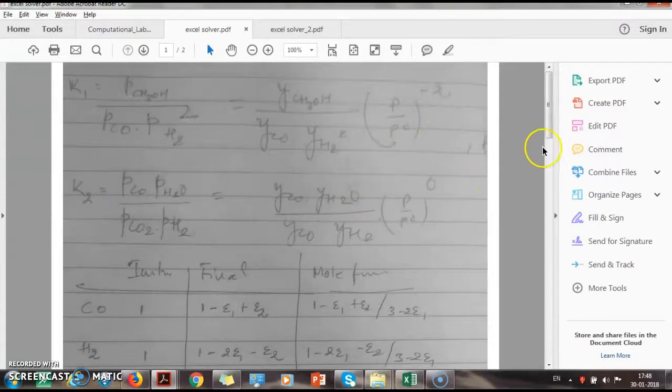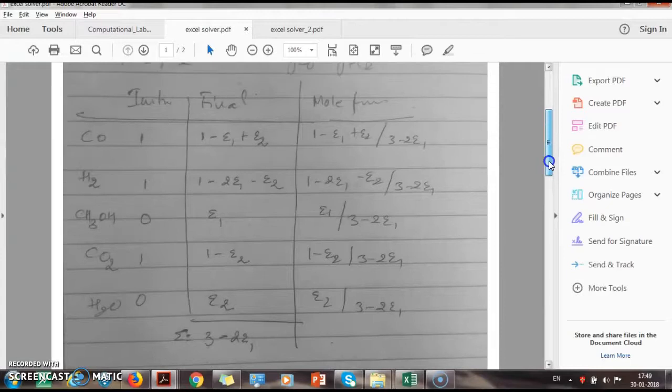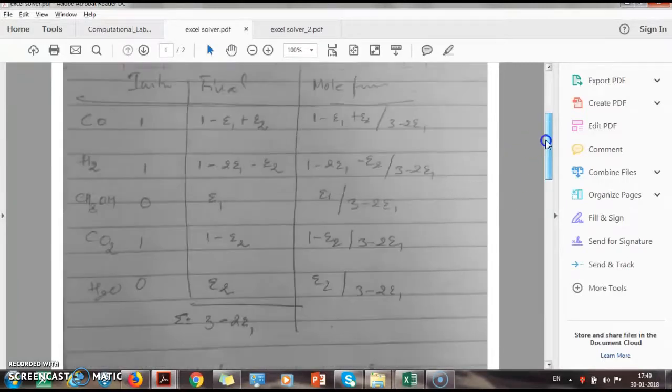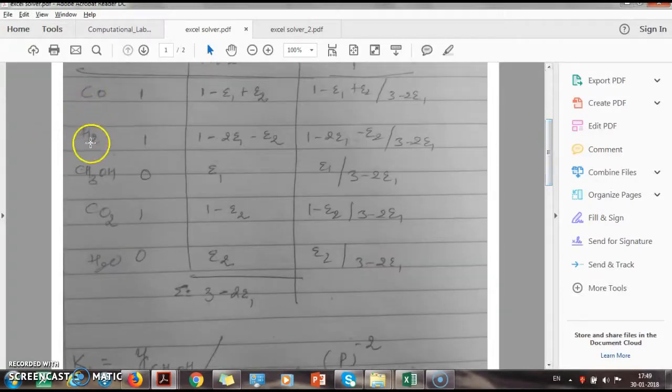This is for the second reaction. And with our basic fundamentals, if we start with CO, H2 and CO2 with 1 mole each, we'll get this as our reaction equilibrium mole fractions of CO, H2, CH3OH, CO2 and H2.